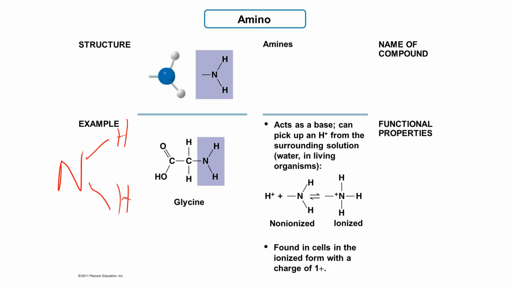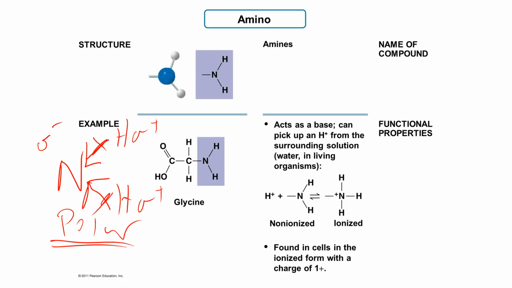Again, nitrogen is more electronegative than hydrogen, so it pulls electrons to itself and gets a slight negative charge. This makes this little group a polar group.